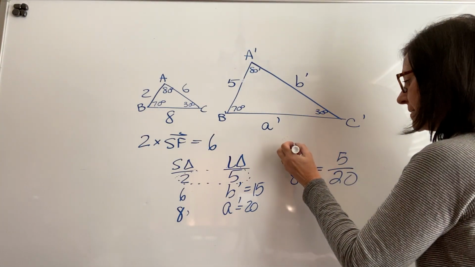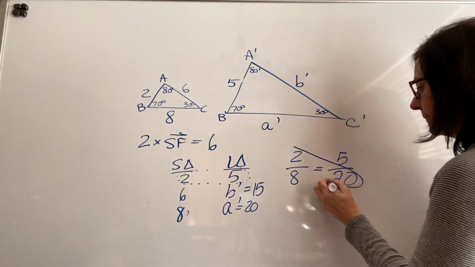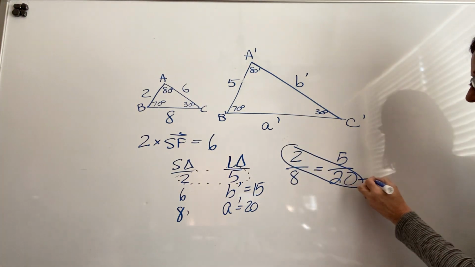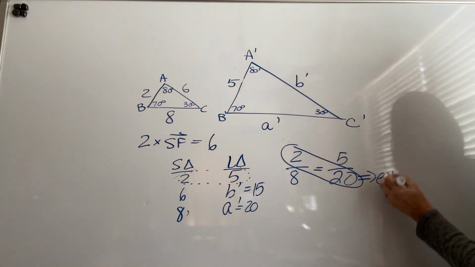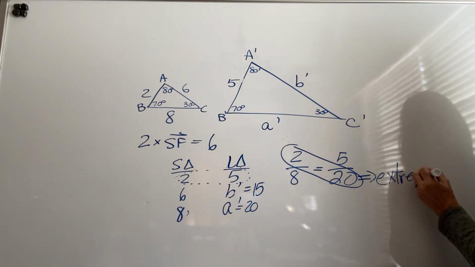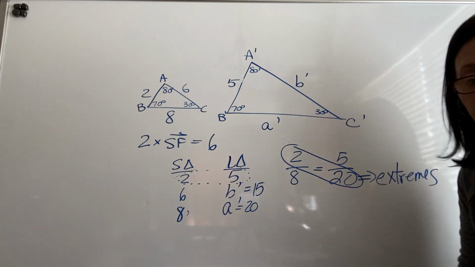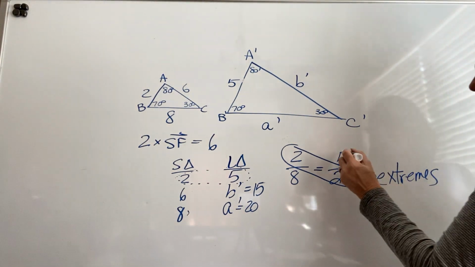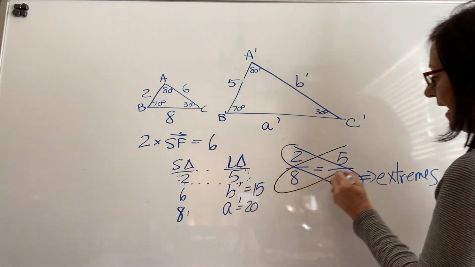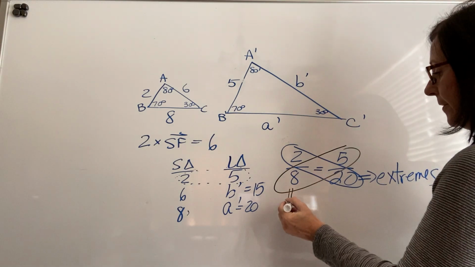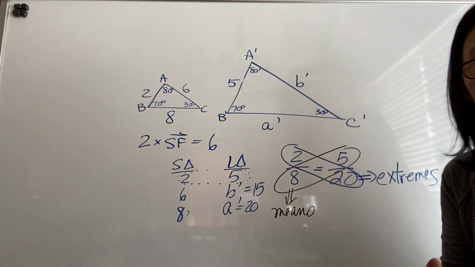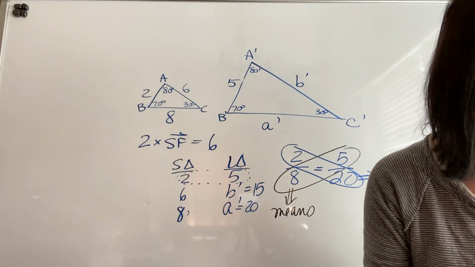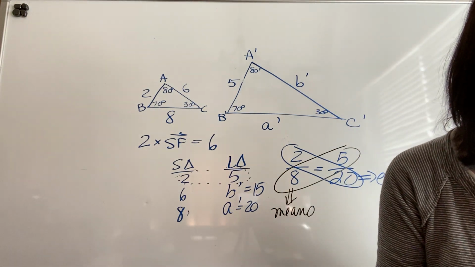This 2 and this 20, when we cross multiply, these two values are called my extremes. And the 8 and the 5 are referred to as my means. This is the concept that is on page 380.